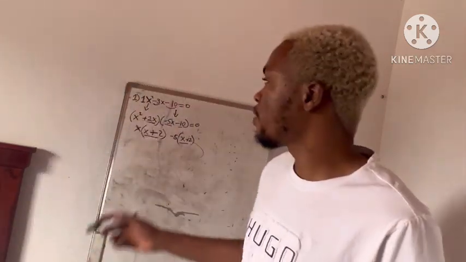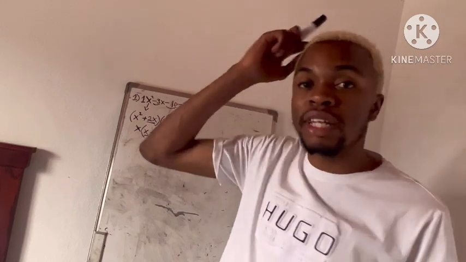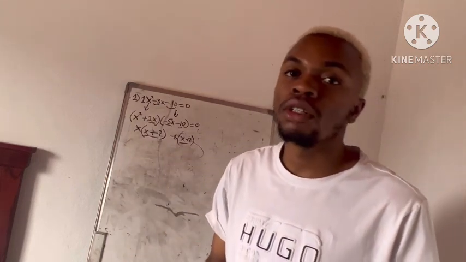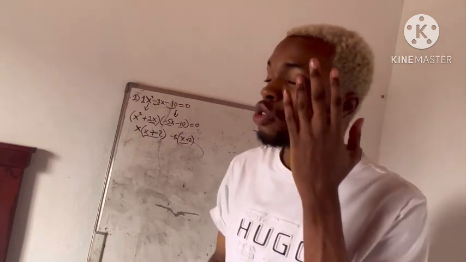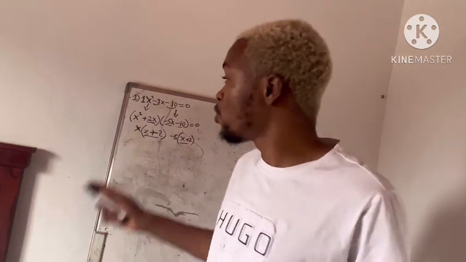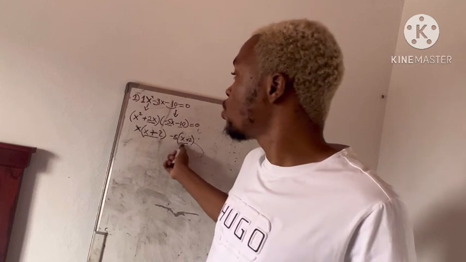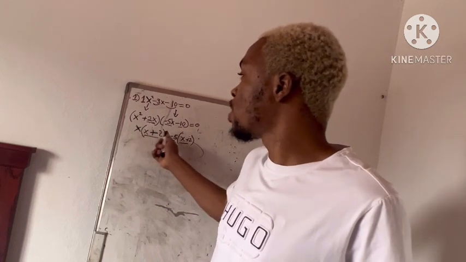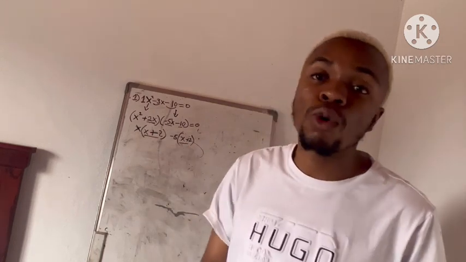You have to have x plus 2 and x plus 2 when you are done factorizing. If it's not like that, there is a problem somewhere, so you really need to correct that. If you don't have the same thing here, then your factorization has an error, so you need to rectify that.